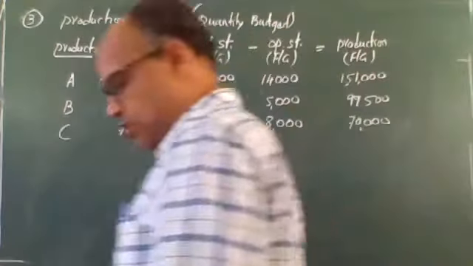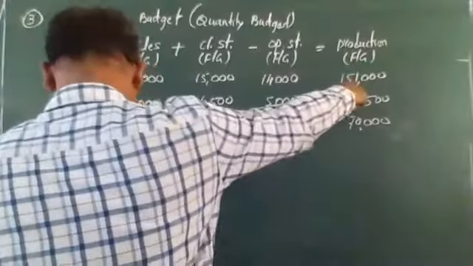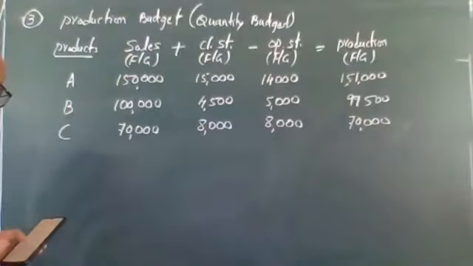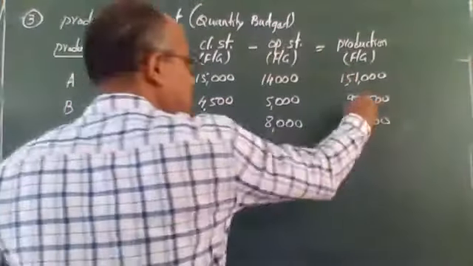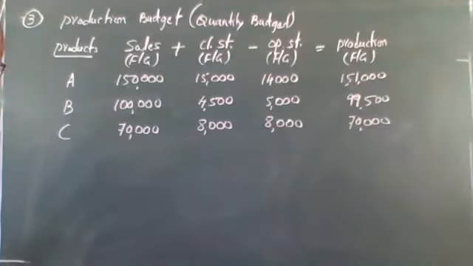And that's all about the question. So 1,51,000 units should be produced for product A, product B requires 99,500, that's your answer, and product C requires 70,000 units.